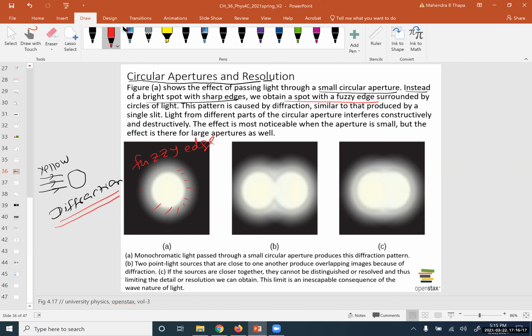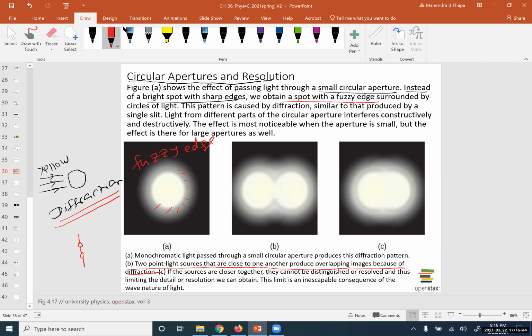A similar case we'll observe if we have two spots. Say, for example, we have two point sources that are close to one another; they produce overlapping images because of this diffraction. Say we have one slit over here and one slit over here, and the shape is circular.